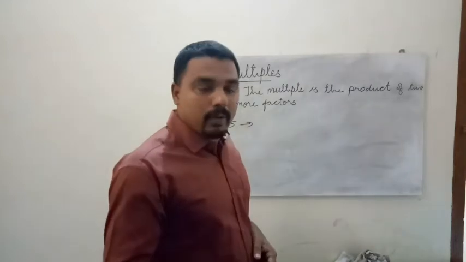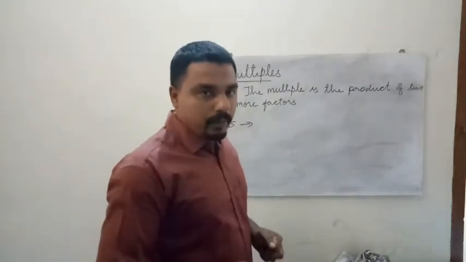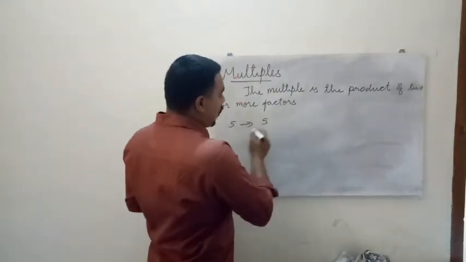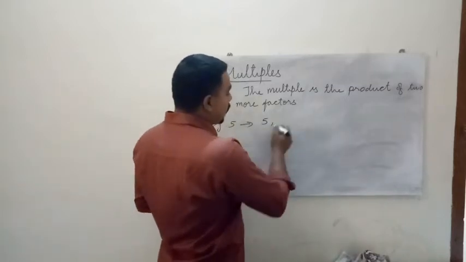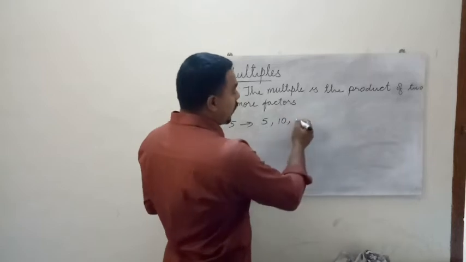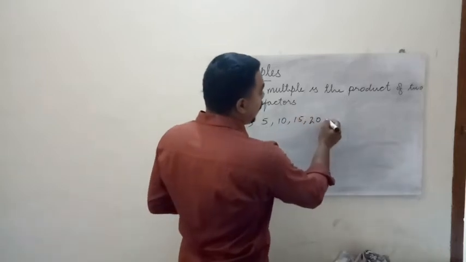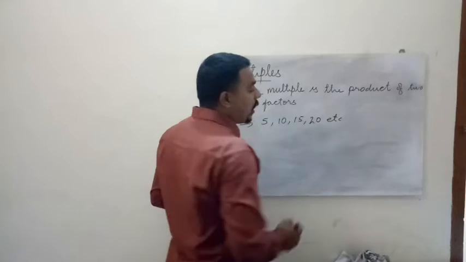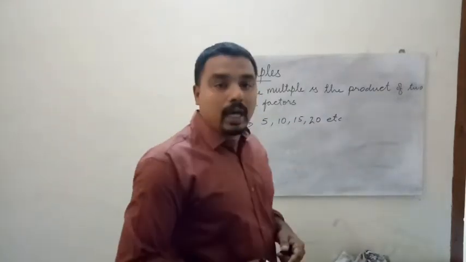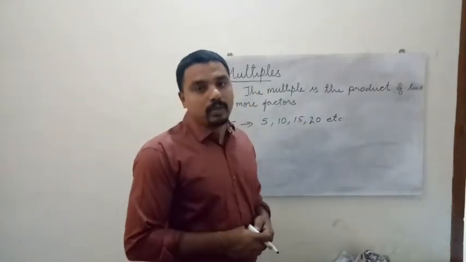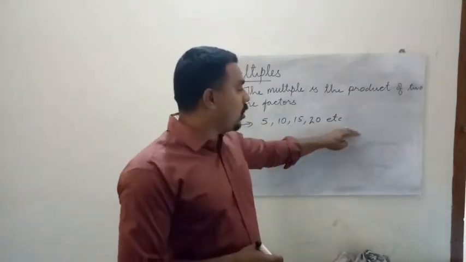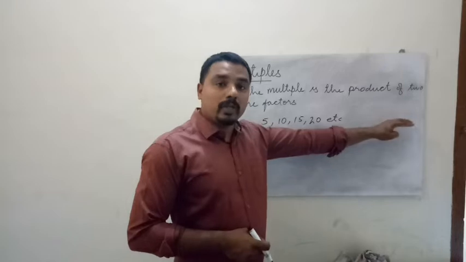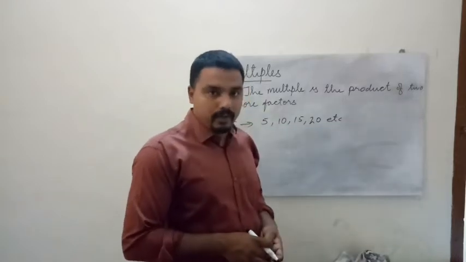By using the table we can easily find them: 5, then 10, then 15, 20, etc. We can find as many multiples as we need. There is no limit, it is unending.